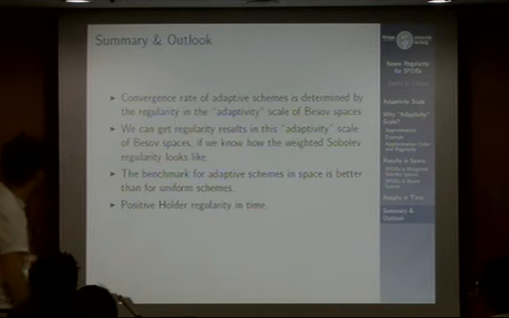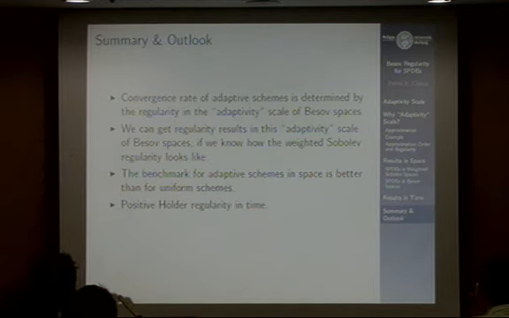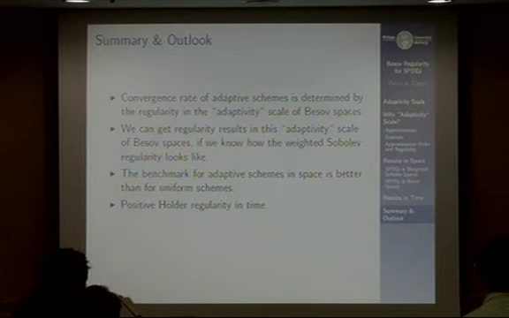Now, to summarize my talk, the take-home message is that the convergence rate of adaptive schemes depends on the regularity in the adaptivity scale of Besov spaces, and that we can reduce this analysis in this scale to the analysis of the regularity in the weighted Sobolev spaces.